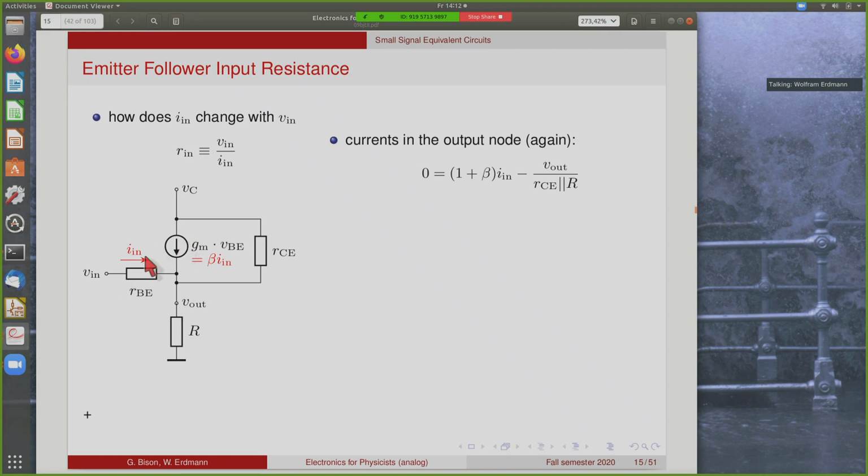The current through the base and the current through the collector are 1 plus beta times the base current. And the two currents that we've seen before through these two resistors are now simply the output voltage divided by RCE parallel to R, as we've discussed before.